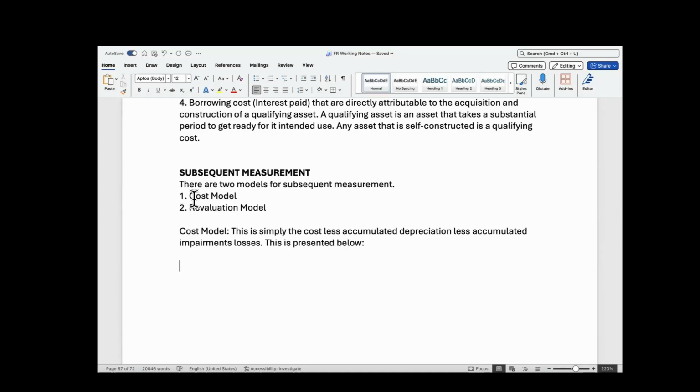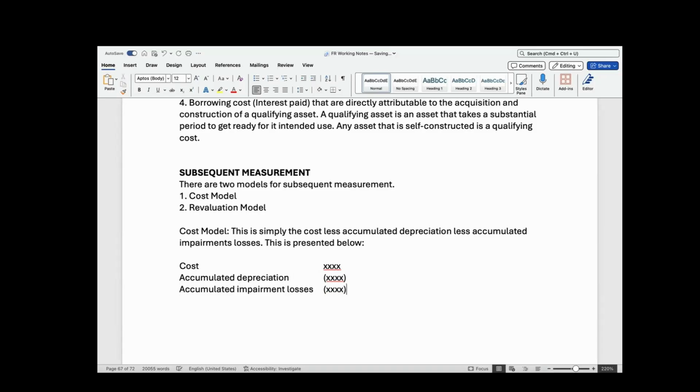Model is a formula. So again, like I've mentioned earlier, it's just the cost less accumulated depreciation, less accumulated impairment losses.